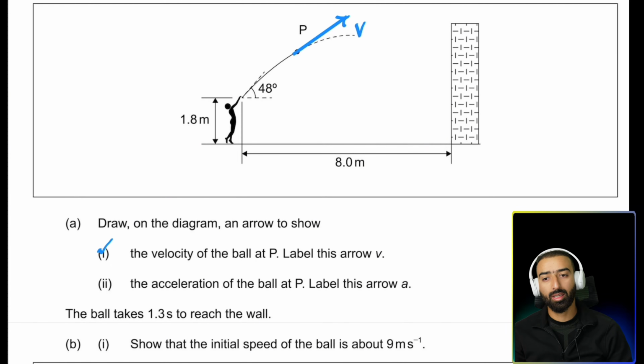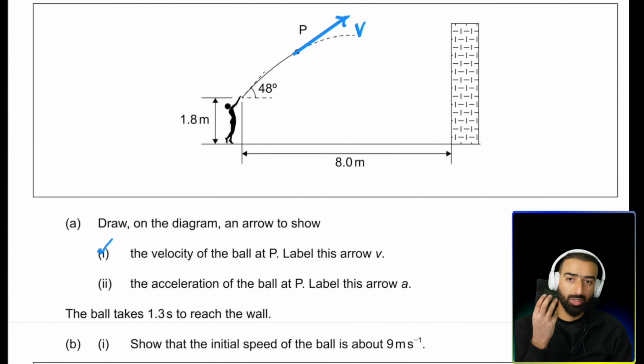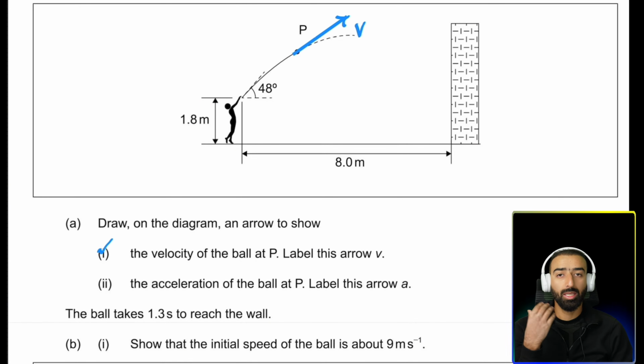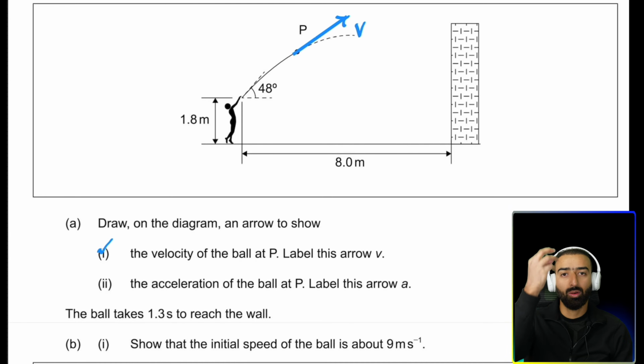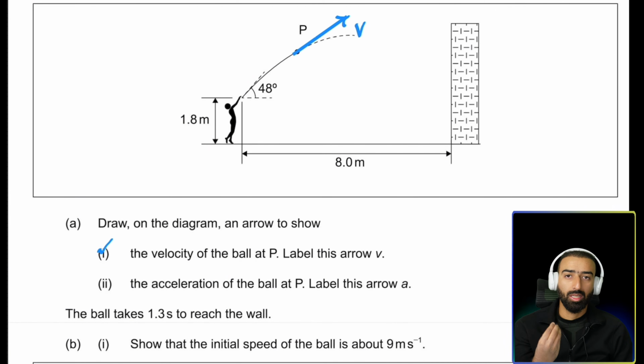The next one says that we need to draw the acceleration vector. We should keep in mind that the only force that the ball has when it flies through the air is due to gravity. And gravity only points downwards. If the net force is downwards, the acceleration has to point downwards.